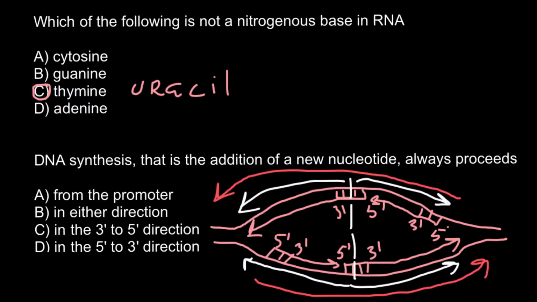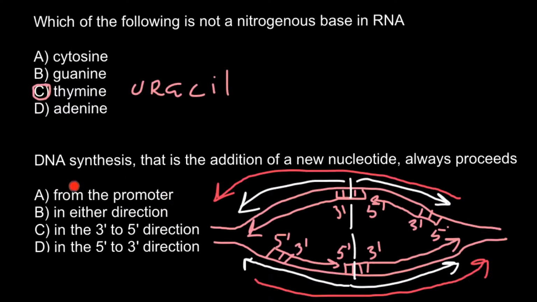And one more comment about the promoter, because some people may still think that the promoter has to be somewhere at the beginning of the gene, and the new strand of the DNA has to grow from this direction and in the different direction.